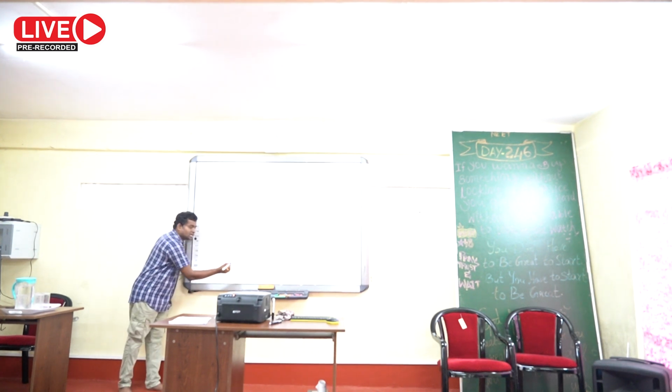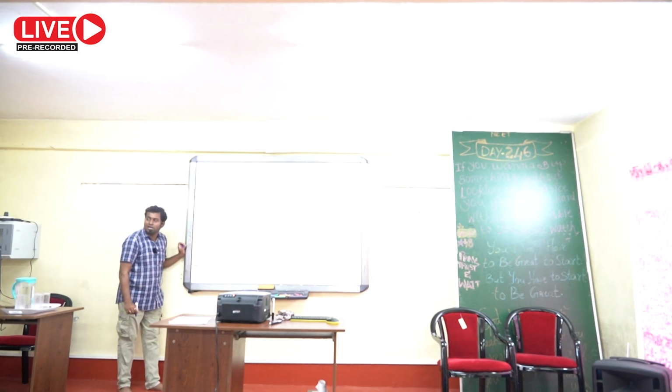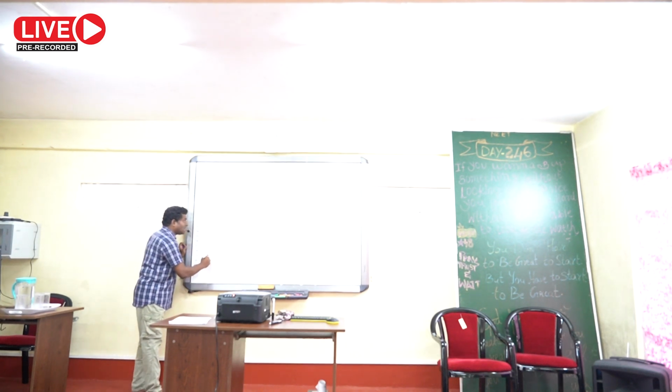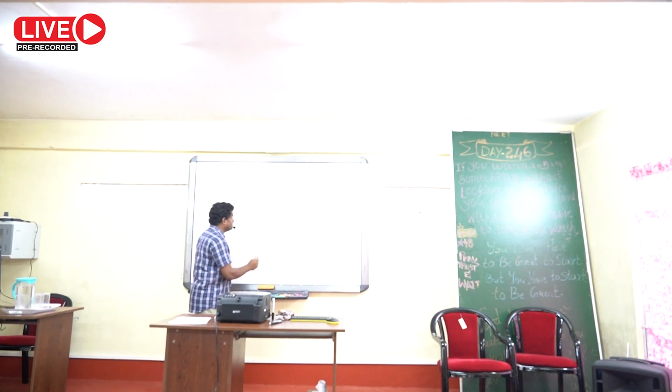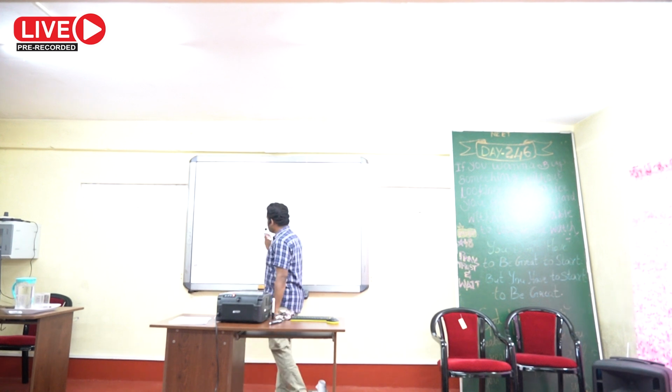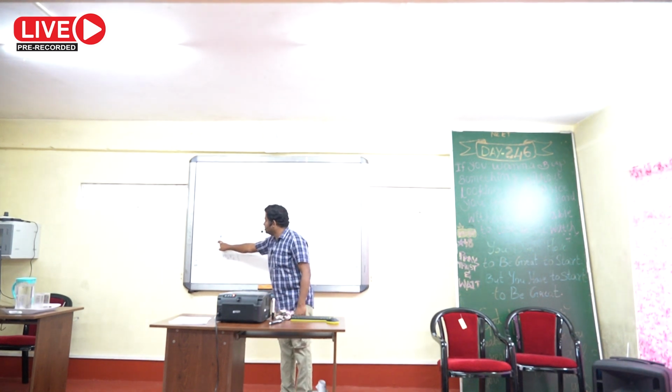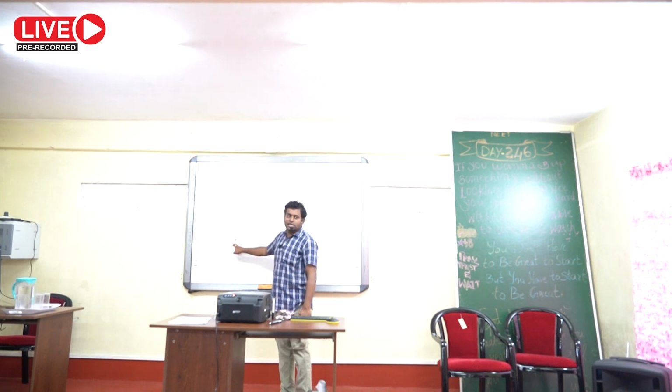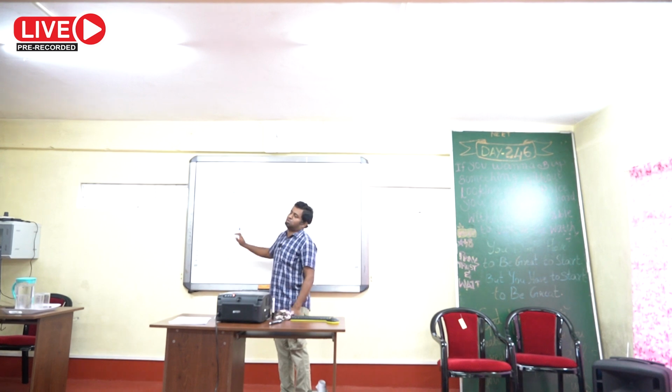From these two equations we can solve for R1 and R2. Then R1 is coming M2 L by M1 plus M2 and R2 is coming M1 L by M1 plus M2. And you have to substitute this R1 and R2 in the equation of moment of inertia to solve that particular problem.